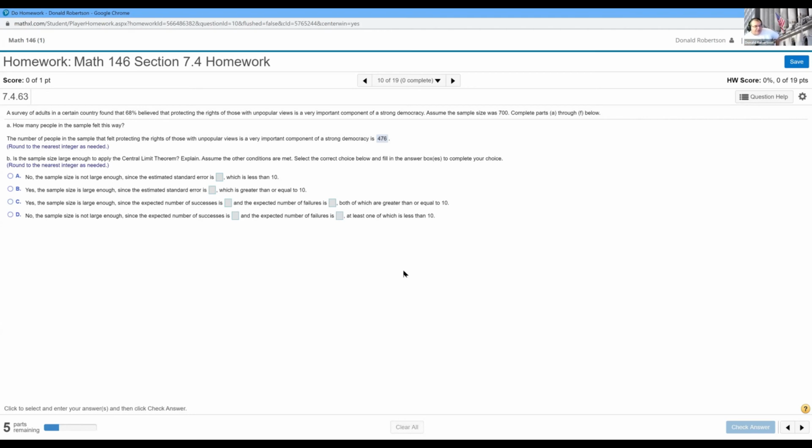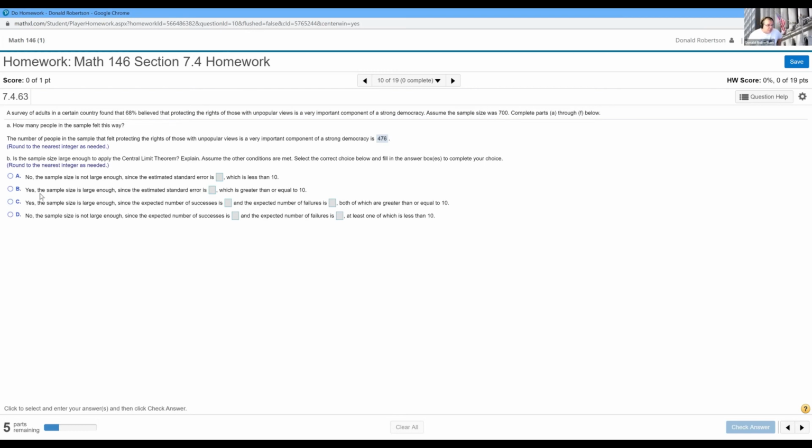Now, is the sample size large enough? Well, remember the rule for sample size large enough is n p hat is bigger than 10 and n(1 minus p hat) is bigger than 10. I don't need to do a calculation. Would you agree that from a sample of 700, 476 of them, that's a decent size, right? Yeah. It just needs to be bigger than 10.